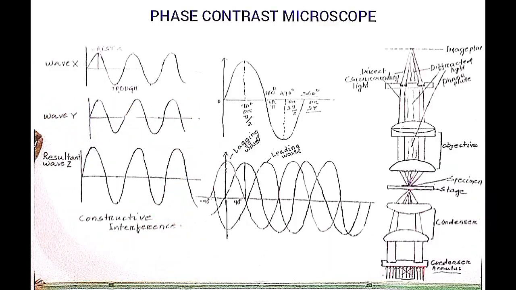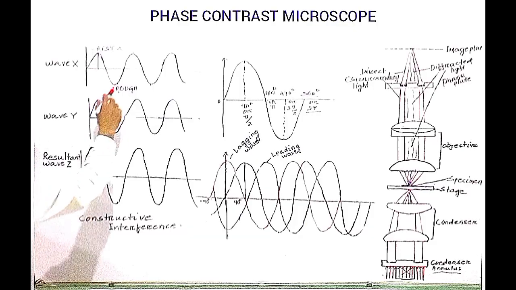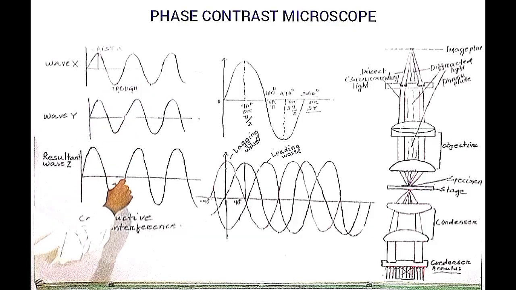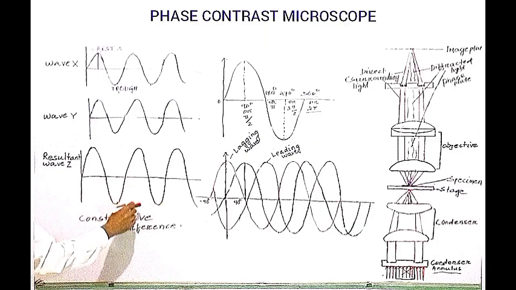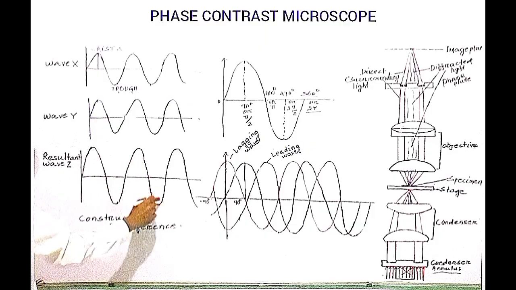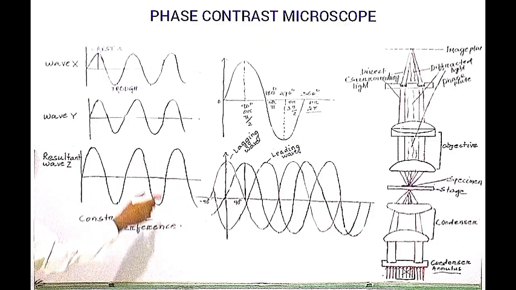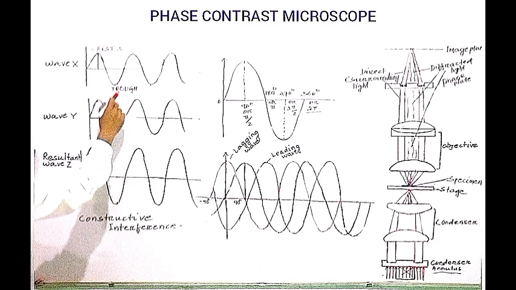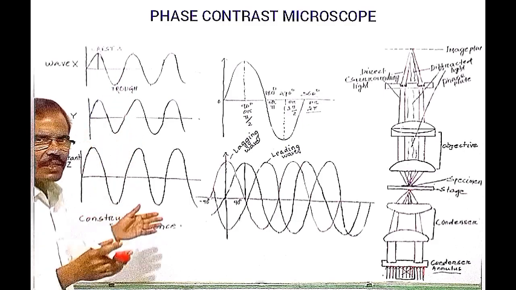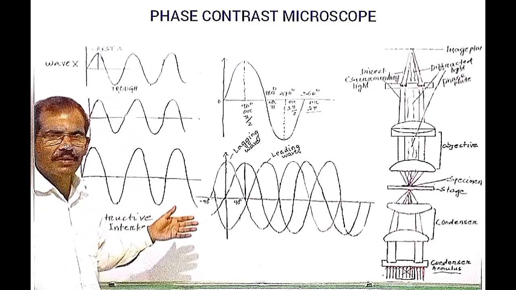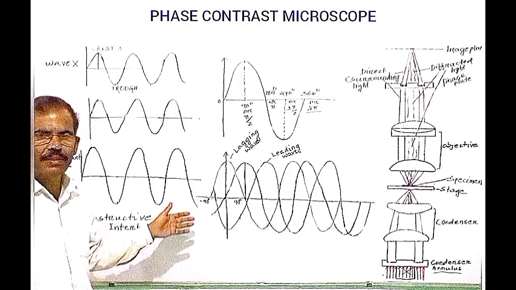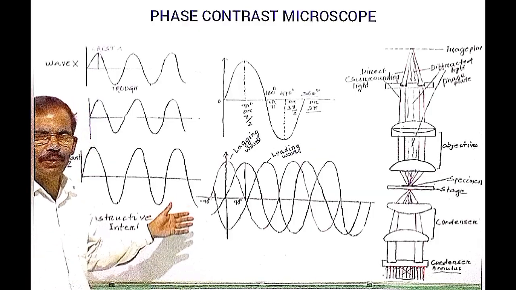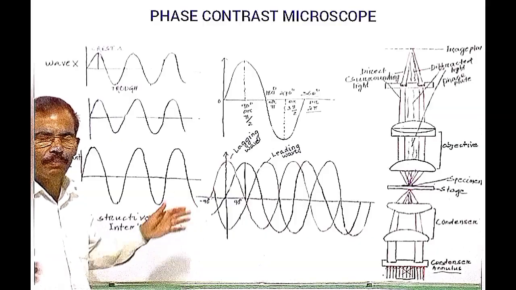In case of constructive interference, two waves add up and give rise to a resultant wave which has a higher amplitude or brightness compared to the corresponding waves. This gives rise to negative phase contrast in which the specimen appears bright but the background appears dark or dim.